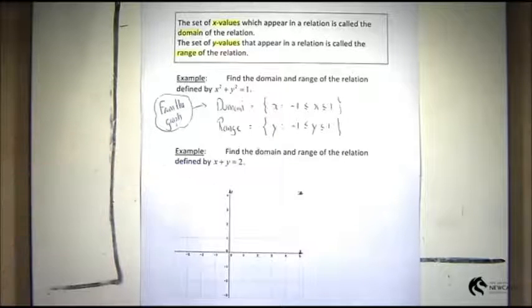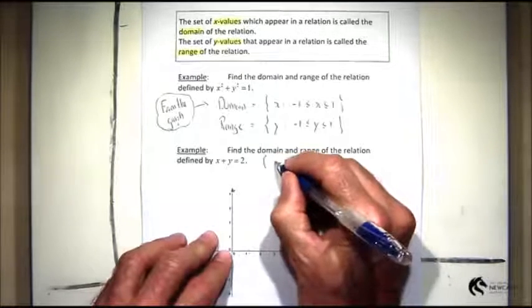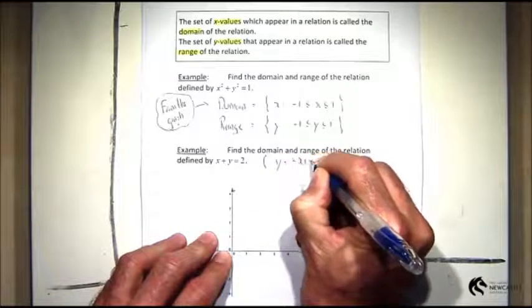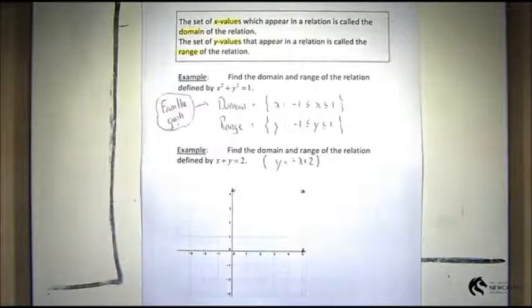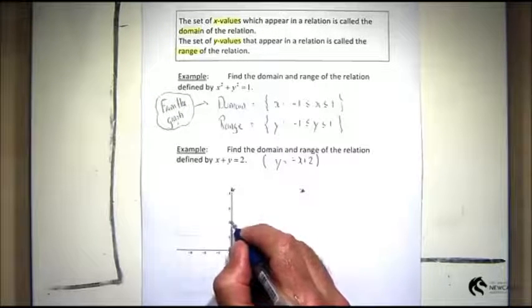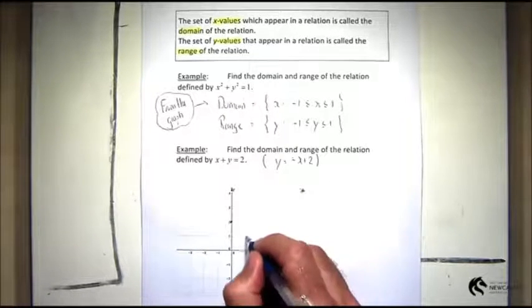And in fact, I could rewrite this as y is equal to minus x plus 2, which might be a good way to rewrite it. And then that would say, this is a line whose y-intercept is 2 and whose slope is minus 1. So every time I go across 1, y goes down 1.